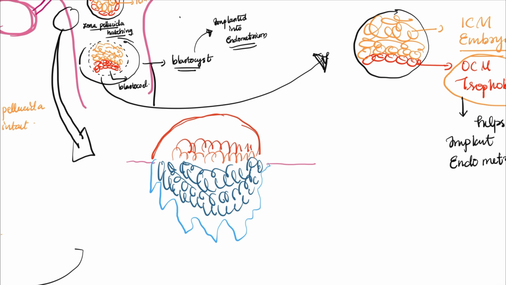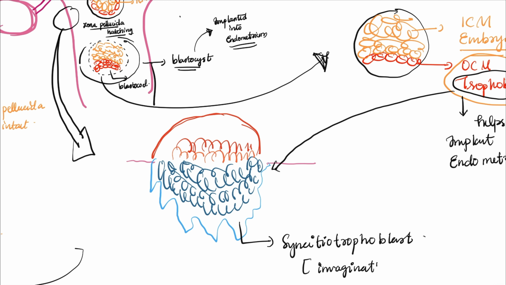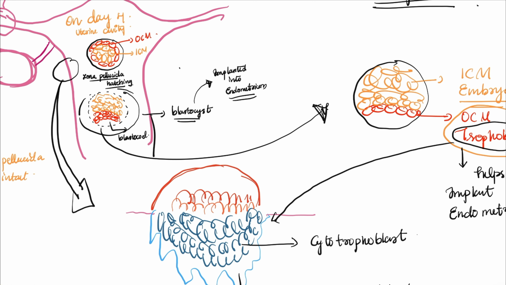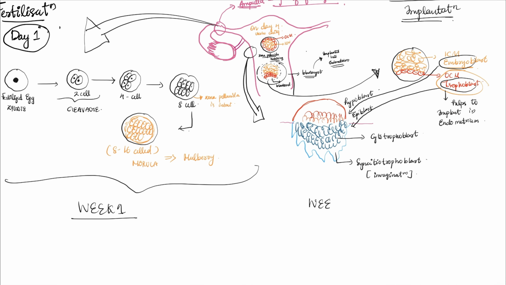The light blue invaginations here are called the syncytiotrophoblast, and the dark blue one is the cytotrophoblast, and above that we have the epiblast and the hypoblast. Okay, this is what is happening in week 2.